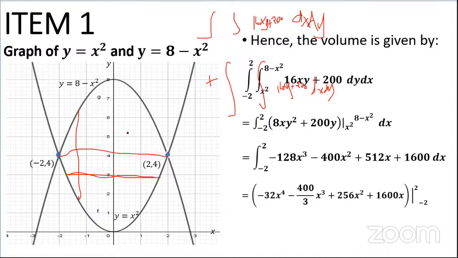Anyway, let's first consider the region at the bottom. Take note, this is given by y equals x squared. For the bounds of the inner integral, we need to express them in terms of the variable y. By isolating x, we have x equal to positive or negative square root of y.